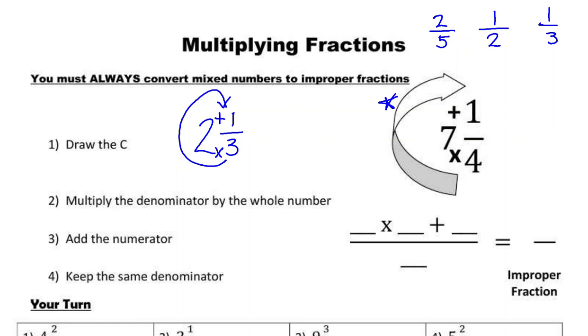So if we look at our example with the whole number 7, it's going to be 4 times 7 plus 1 over 4. And then if you do 4 times 7, that's 28, plus 1 more would be 29 over 4. So that would be your answer.